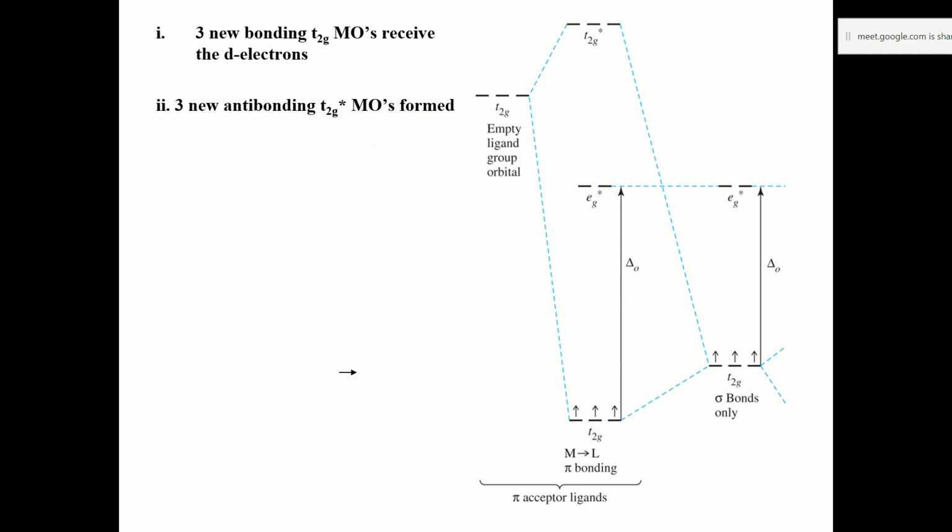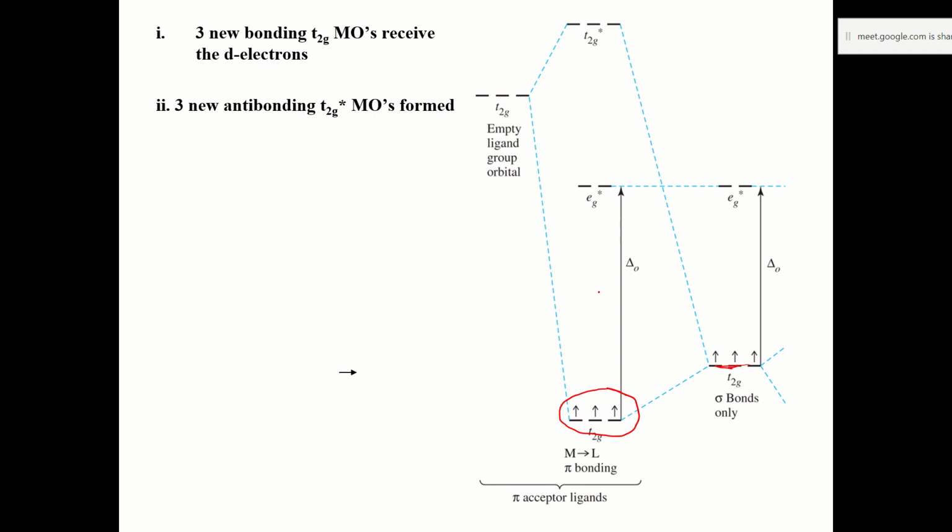So what happens in these cases where we have metal back bonding, pi acceptor back bonding is happening. So in addition to that difference, T2G was here, Eg star was raised in energy, and now if you have orbitals of suitable symmetry, T2G, so this will have lateral overlap.